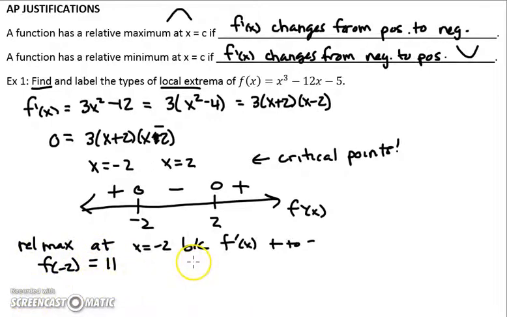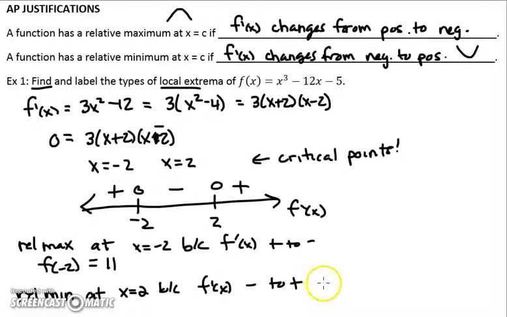We also have a relative minimum at x equals 2, and that's going to be because f prime went from negative to positive. So to find out what that actual value is, we want to find f of 2, and that's going to be -21.